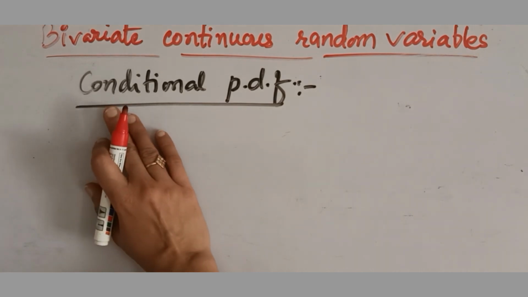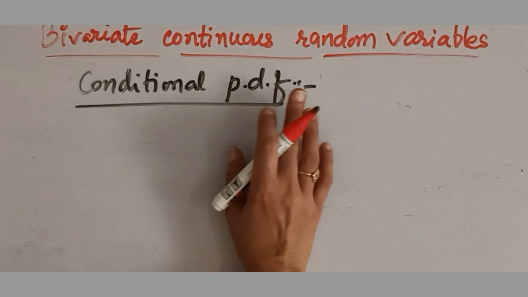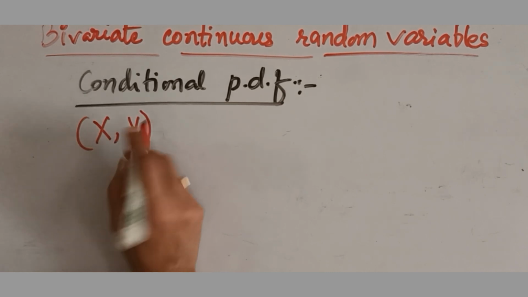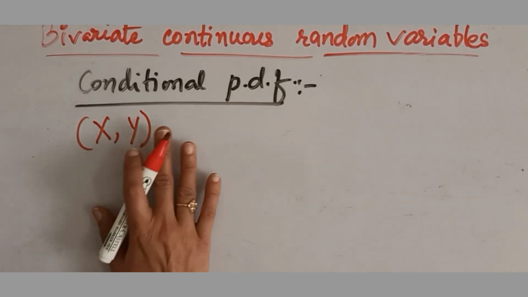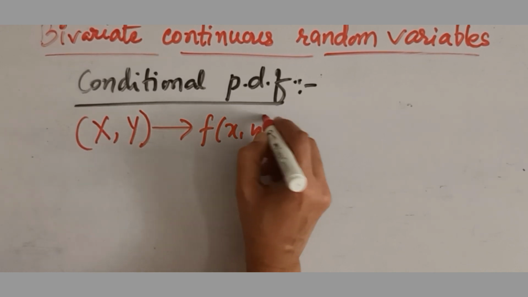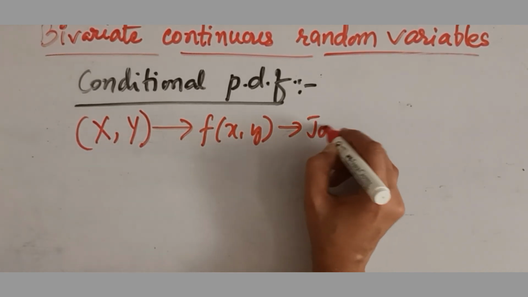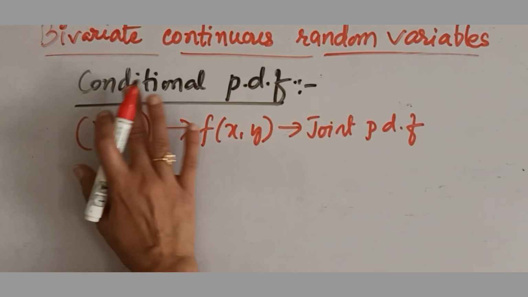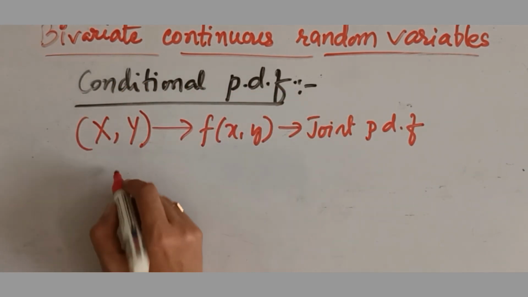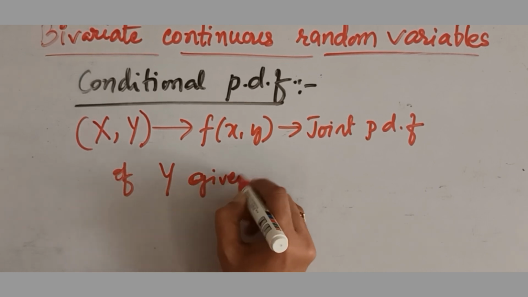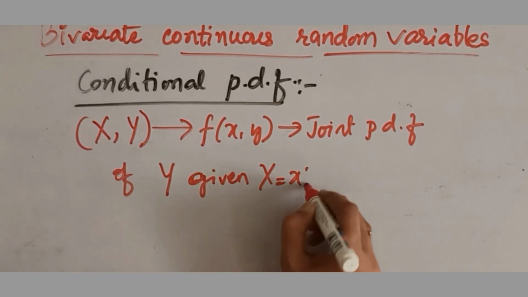Now about conditional probability density function. Suppose you have bivariate continuous random variables x and y with the joint probability density function f of x comma y. This is a joint PDF. Now you have to define the conditional probability density function of y given x equal to x. This is the condition.